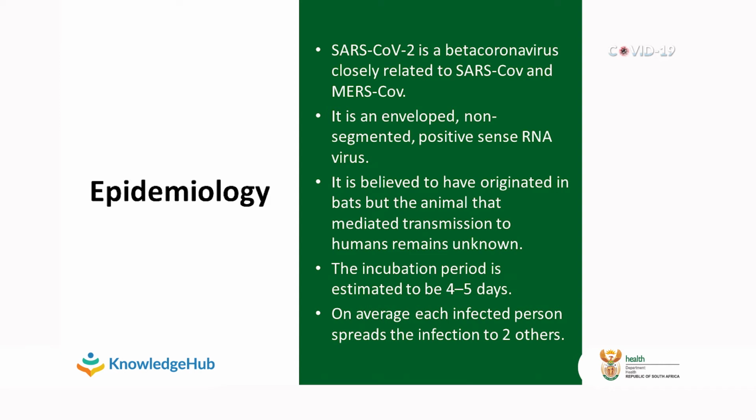So on average, one infected person spreads the infection to 2 other people. But we've noticed that since the lockdown in South Africa, it hasn't been really 2. We hope it stays like that, but it's below 2, which is a very good sign.